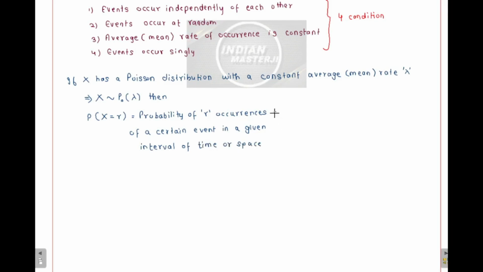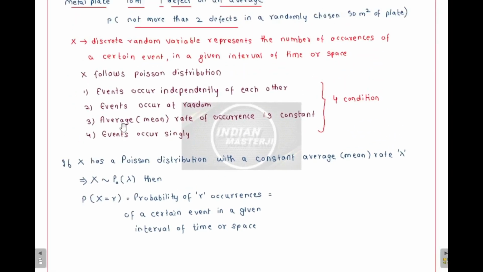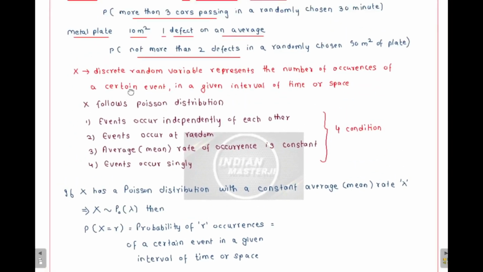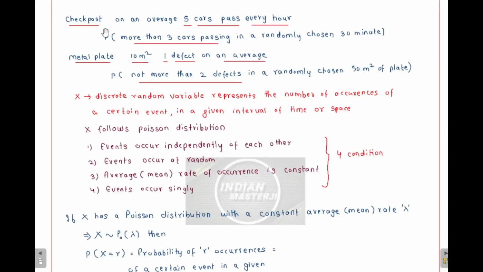Like how I introduced at the top right now, for this check post, this is the number of cars passing through that particular check post. We can write it as a discrete random variable, let X represent the number of cars passing through the check post.